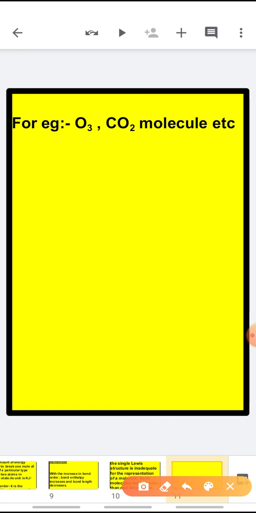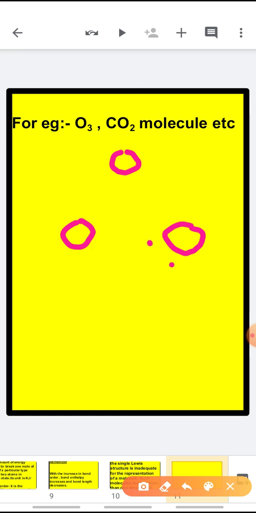Now, in the ozone molecule, as you all can see, the chemical formula is O3. What happens? Three oxygen atoms are there: 1, 2 and 3. If I draw the Lewis electron dot structure, you all know all oxygen atoms have 6 electrons in the outermost shell.